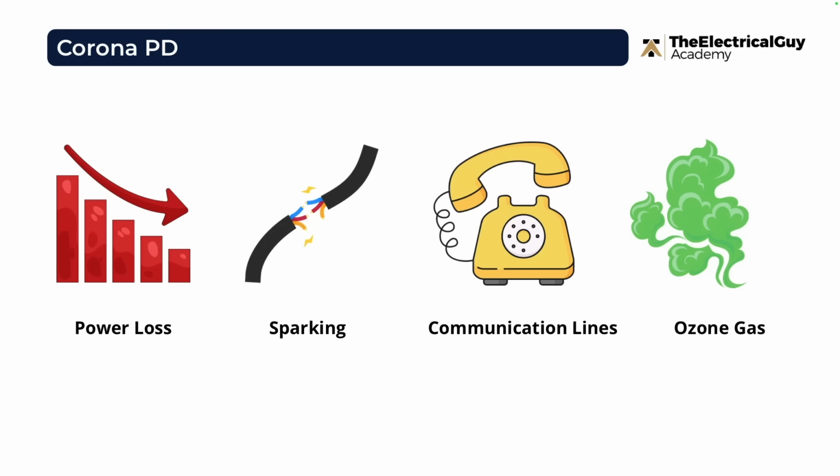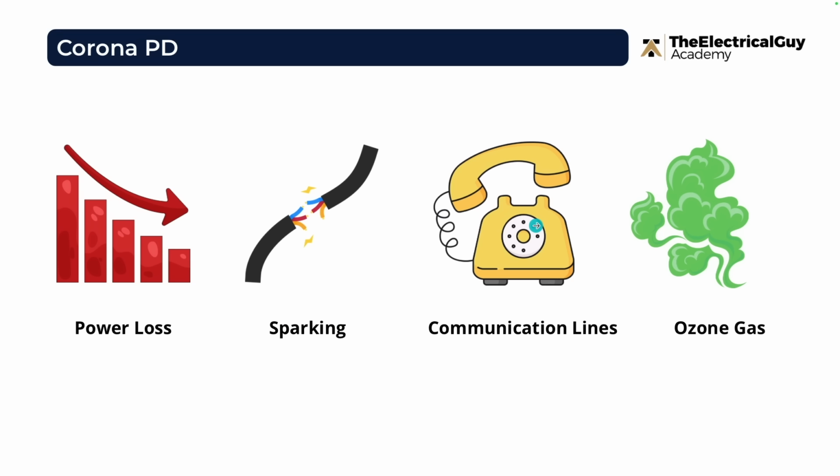If the equipment and the bus bars are nearby, it will also create a sparking between these two. And maybe if the voltage increases, that gap can be fully breached and a failure might occur. It interacts with the communication line, which is not good because you will have disturbances in the communication signal because of that. And it also generates the ozone gas, which further degrades the strength of the insulation.